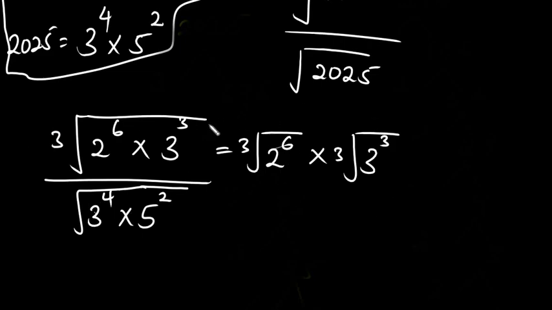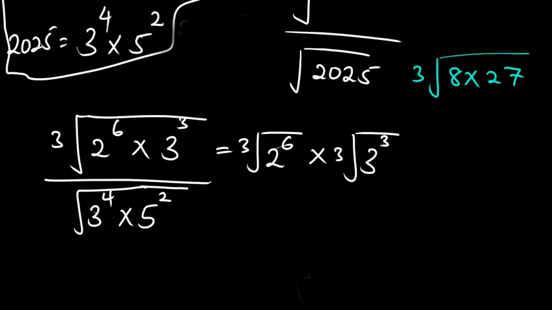Now assume we have this problem. Let me use a different color so that we don't mix up our work. Let's have something like the cube root of 8 times 27.